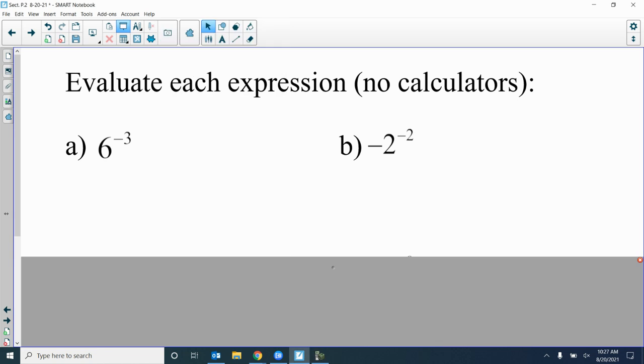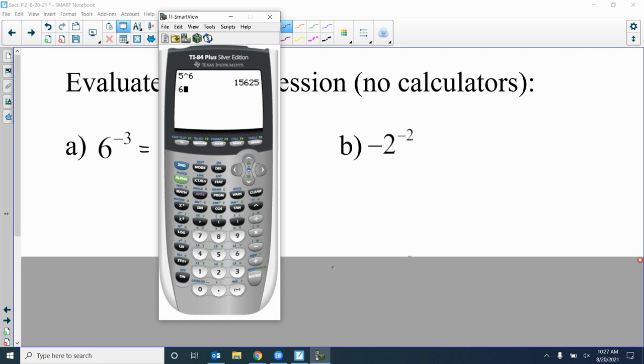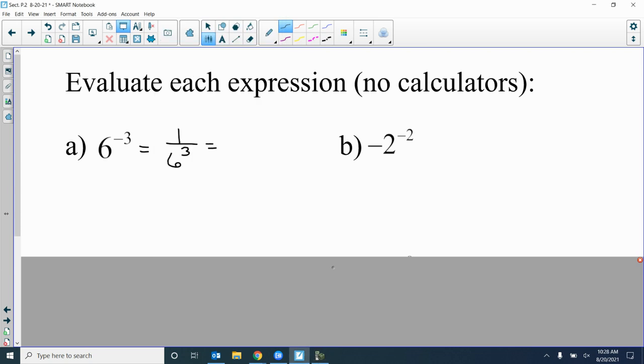So 6 to the negative third is 1 over 6 cubed. If you don't know 6 cubed in your head, that's not huge. Just do 6 to the 3rd power. You can use your calculator for computation. So this should be 1 over 216. All right, see what you get for B. No calculator. Think it through.